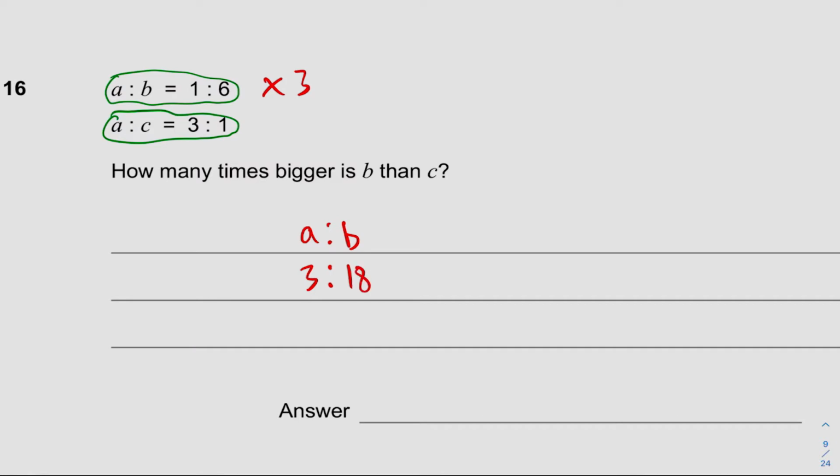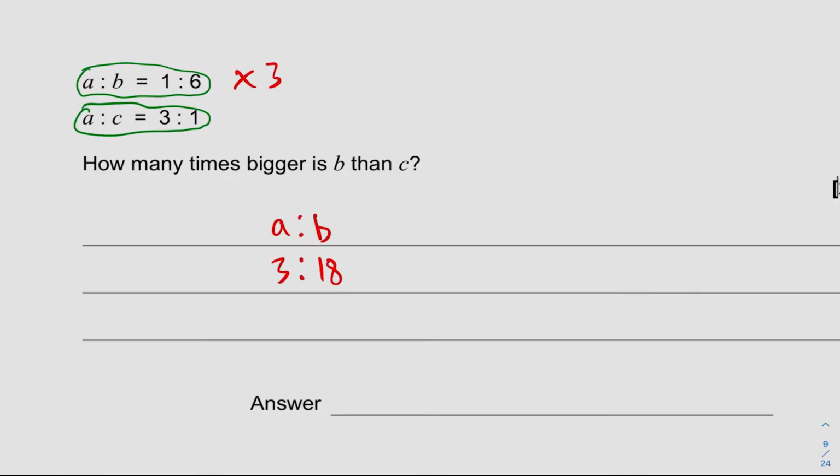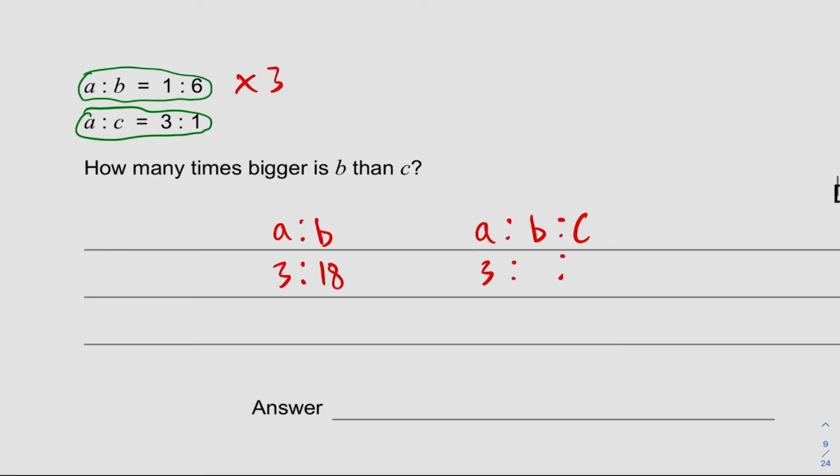And as A is equal to 3 in the second ratio, we can now equate all three letters together, so we can have A to B to C, where A is 3, B is 18 from the top one when we've multiplied by 3, and then C is 1. So from this we can see that the ratio of B to C is here, and B is 18 times bigger than C.